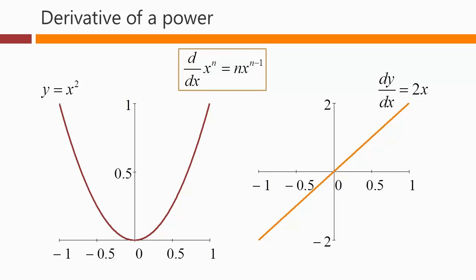So dy by dx is equal to 2x, and that is just a straight line that goes through the origin. And what that is saying is that the slope starts negative here and gets progressively smaller, actually exactly proportionately smaller, as we move down towards the origin, and then it gets proportionately larger as we move into the positive x territory.